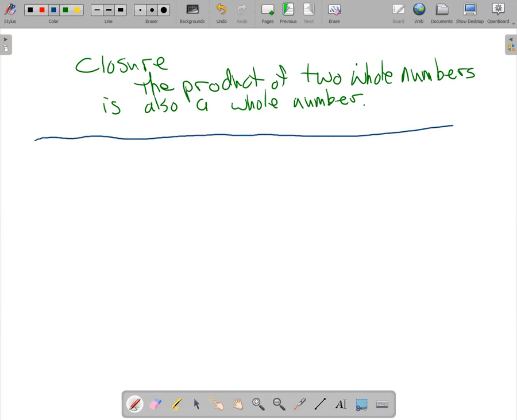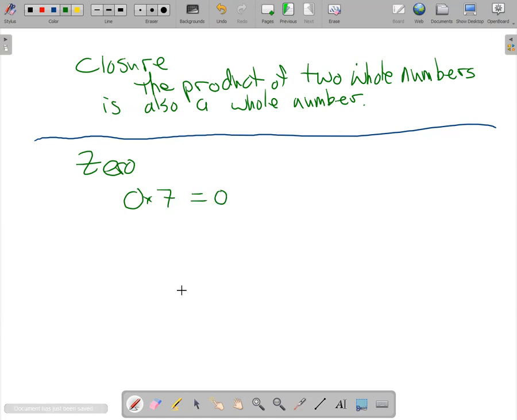Now, multiplication, though, gets a little more interesting than addition. So addition had similar properties: commutative, associative, identity, closure. We've got this really weird whole number called 0. And multiplying by 0 is bizarre because 0 times anything is 0.